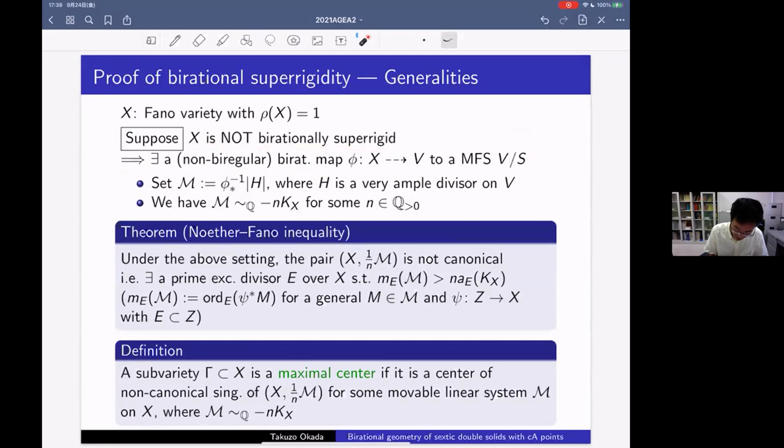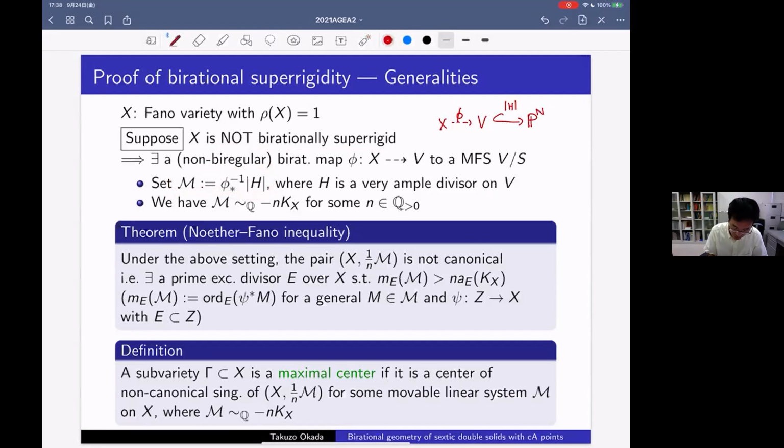Then firstly, take a very ample divisor H on V. So this complete linear system defines some embedding. Now set M to be the birational transform of this complete linear system.